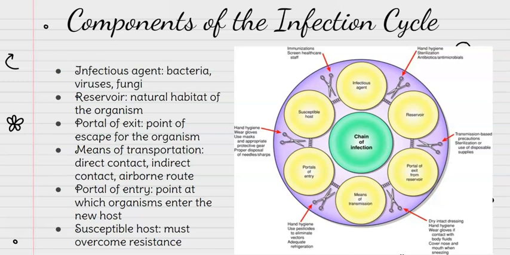Means of transmission can be direct contact, indirect contact, airborne route. So this is how the pathogen travels to get to a portal of entry. Portal of entry is the point at which the organism enters the new host. And then the susceptible host hopefully can overcome and be resistant to the pathogen that is trying to invade.